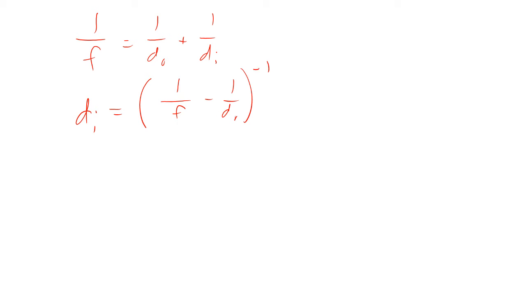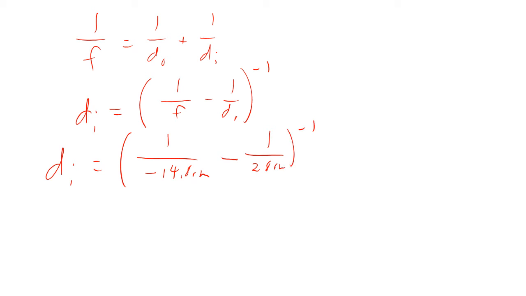So same equation, 1 over f equals 1 over d_o plus 1 over d_i. So that means that d_i equals 1 over f minus 1 over d_o, to the minus 1. So in this case, that's going to be 1 over a negative 14.8 centimeters minus 1 over 28 centimeters, to the negative 1.